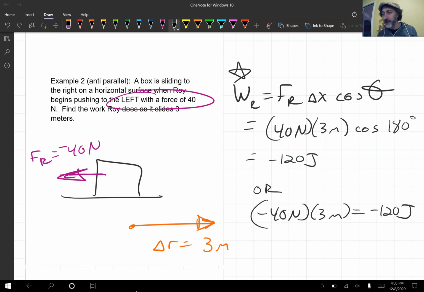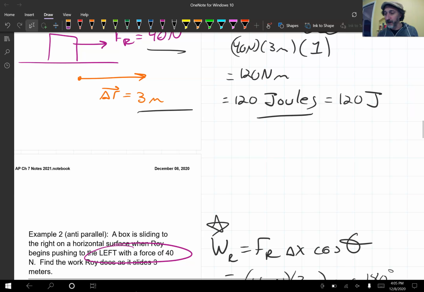So really quickly, in general, notice this was positive 120 joules. That usually is going to represent some sort of gain in energy. Actually, do you know what? That's not always true. There's one exception, okay? So I'll come back to what that exception is when we get to chapter 8. But in general, usually positive work means positive change of energy, with an exception.